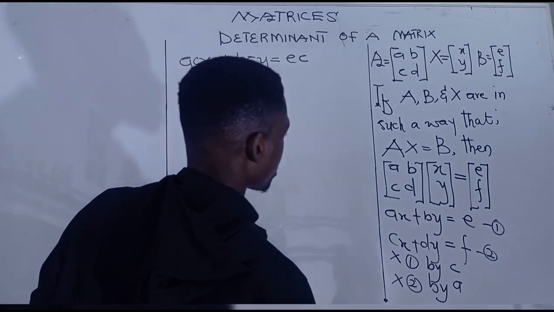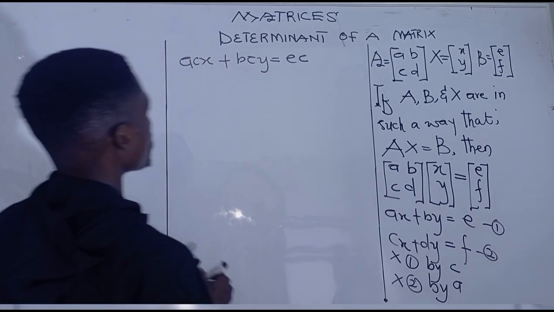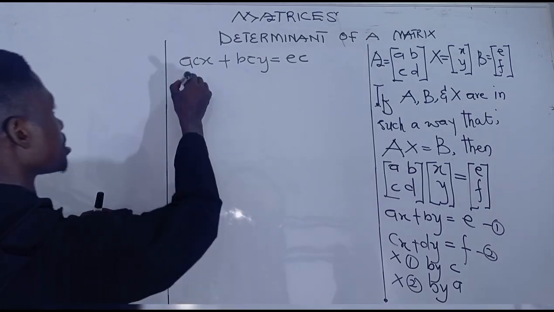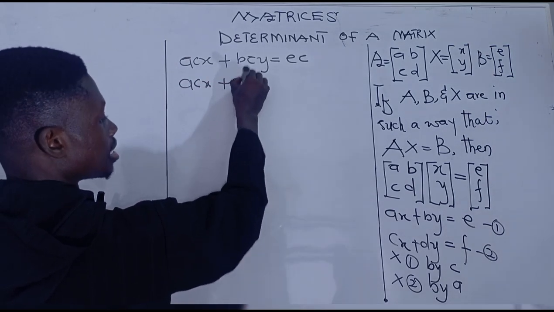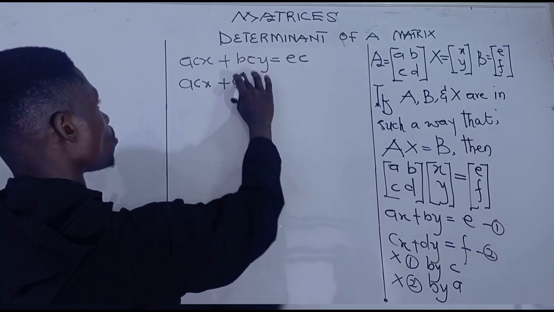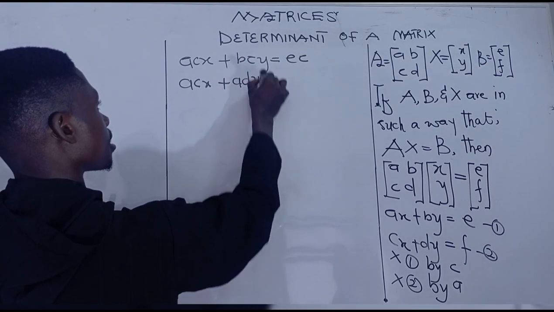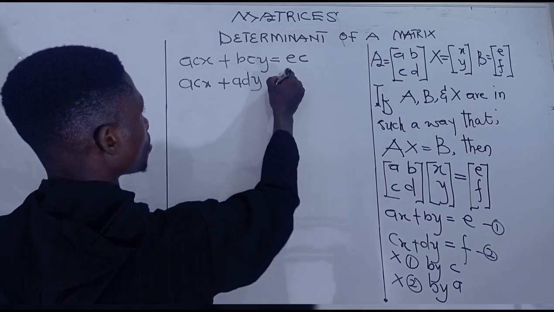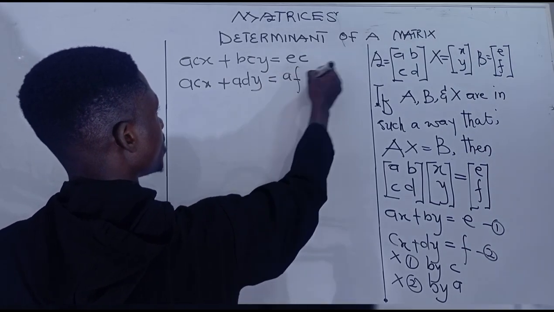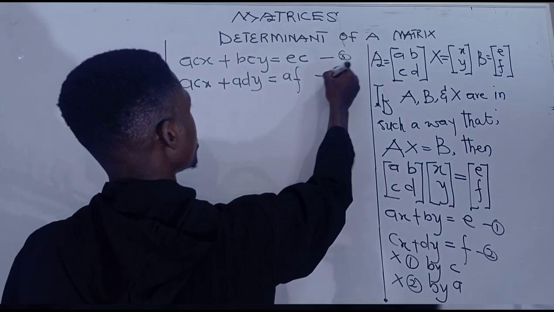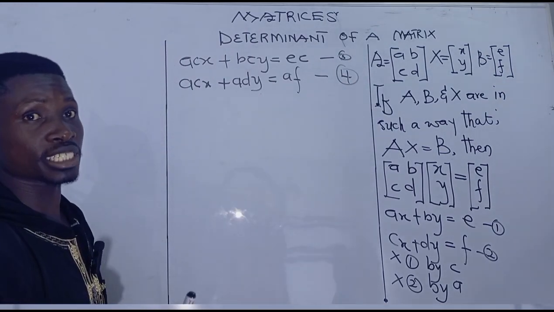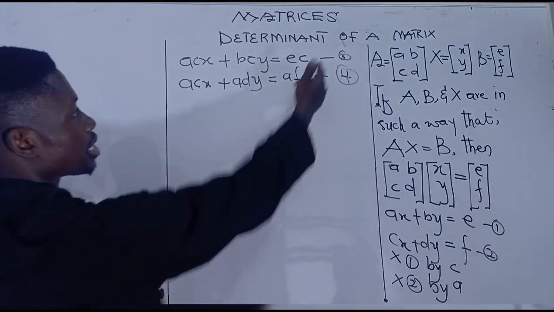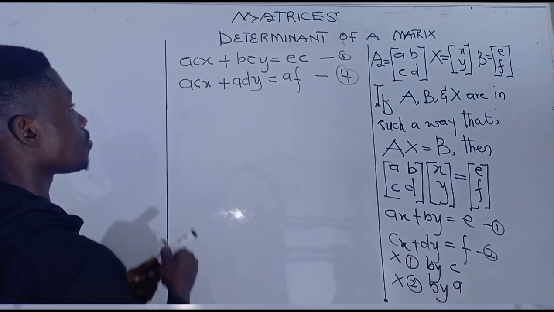Then we multiply equation 2 by A, and that gives us ACX plus ADY, and that is equal to AF. Let's call these equation 3 and equation 4. We are using elimination, so let's subtract equation 3 from equation 4.